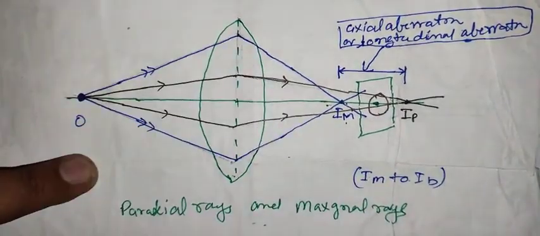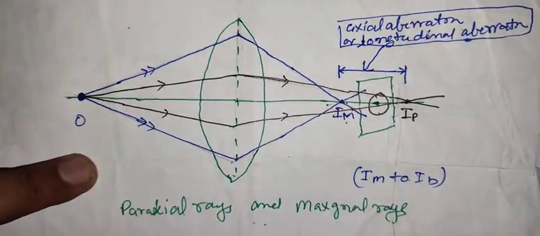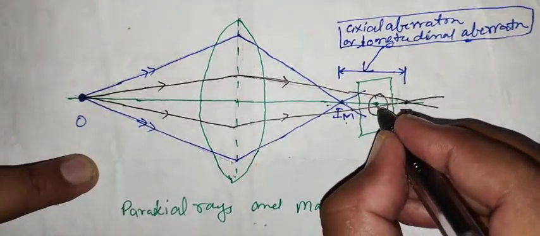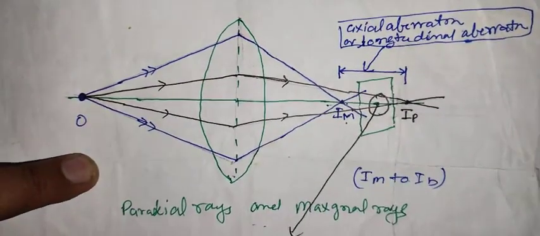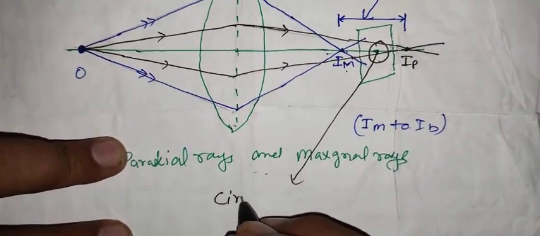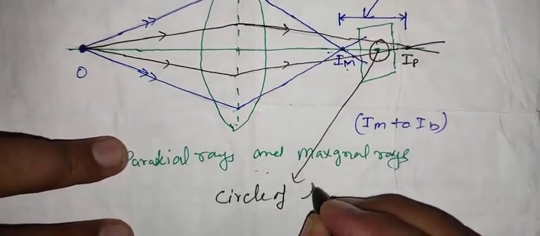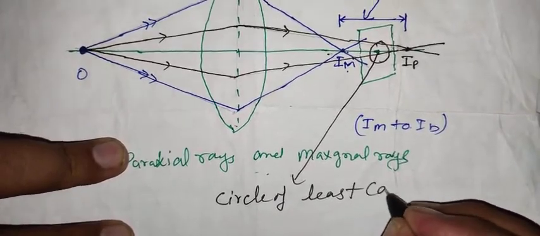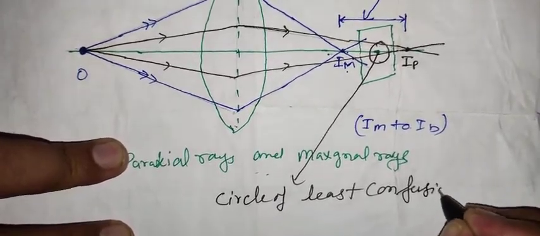The radius of this disc, this circle, is called the circle of least confusion.